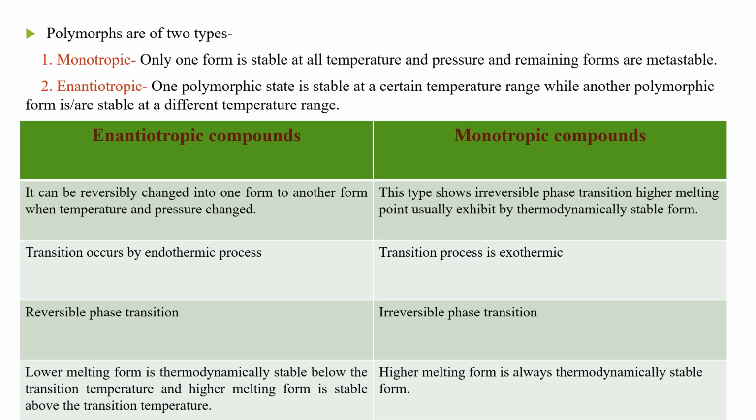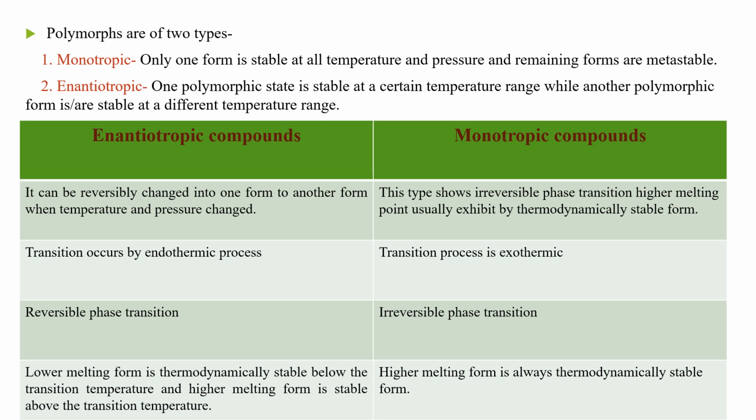In monotropic compounds, only one form is stable at all temperature and pressure, but the remaining forms are metastable in nature. In enantiotropic compounds, only one polymorphic state is stable at a certain temperature range, while another polymorphic form is stable at a different temperature range. So in monotropic compounds only one form is stable at all temperature and pressure, but in enantiotropic compounds every form is stable at different temperature and pressure.